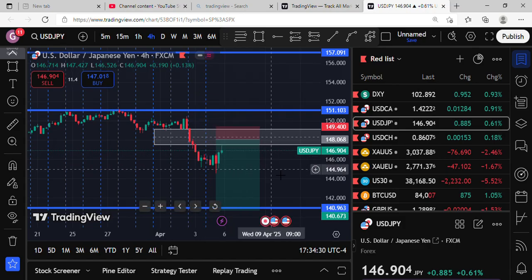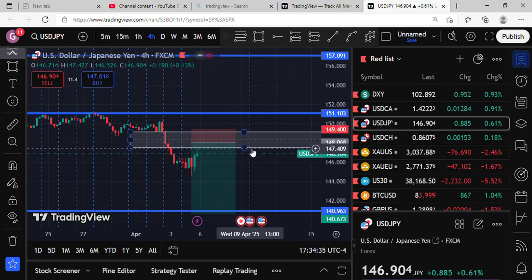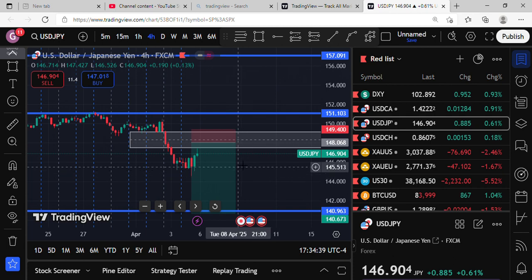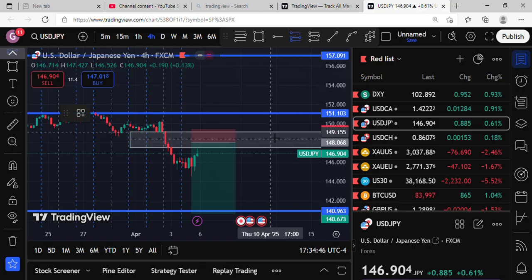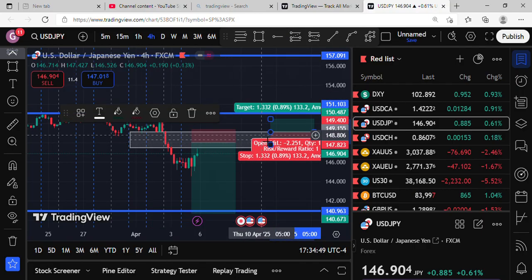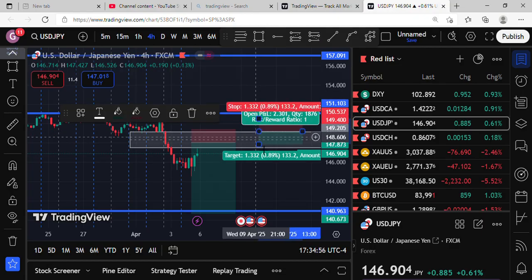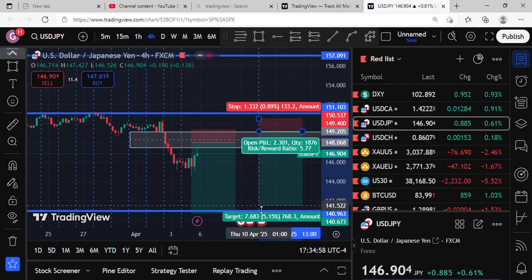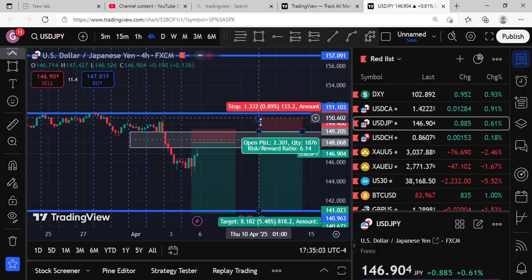So this trade could be either from here, from this fair value gap down, or should price decide to test this order block, this bearish order block, then, or assuming I'm taking out on the first trade, then this will be it.